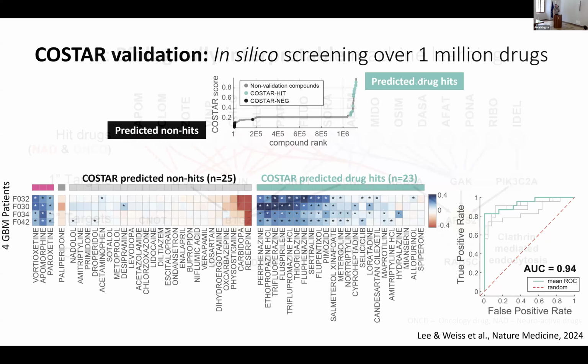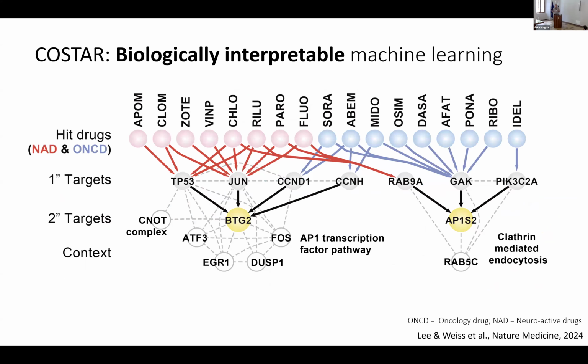And then the other beauty is we can just look at the biology that this model predicts, and I'll spare you pages and pages of results, but this prediction turned out to be very much true. So in pink here, these neuroactive drugs that worked in our assay, they'll trigger Jun activation, AP1 transcription factor pathway activation, leading to upregulation of tumor suppressors called BTG1 and 2.